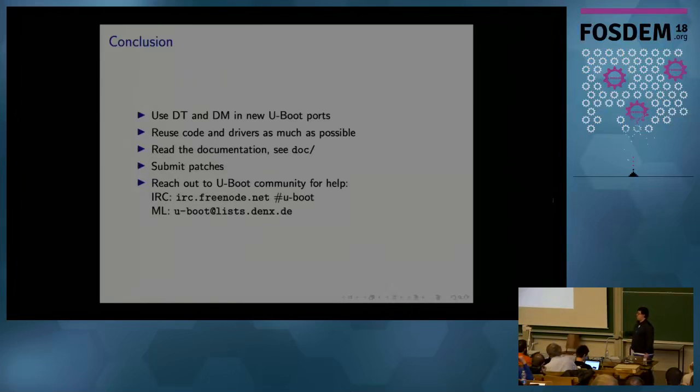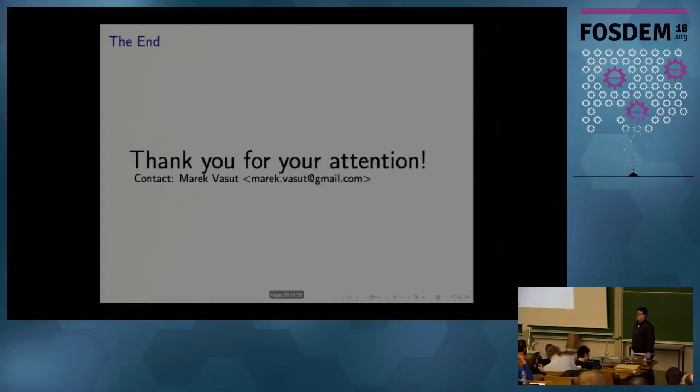Usually someone will figure that out. And if IRC is insufficient, submit a message to the mailing list, submit patches to the mailing list. That's pretty much it. So thank you for your attention and questions.